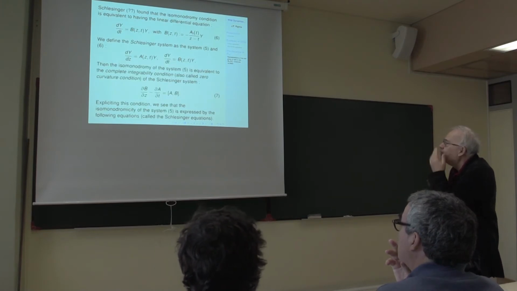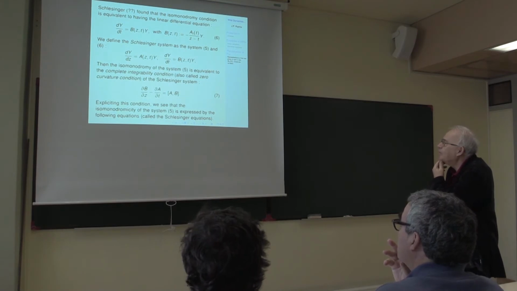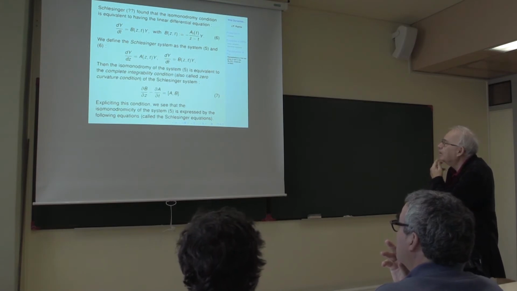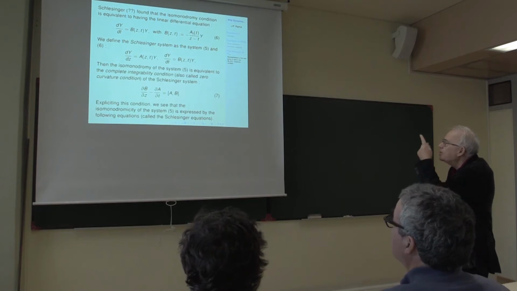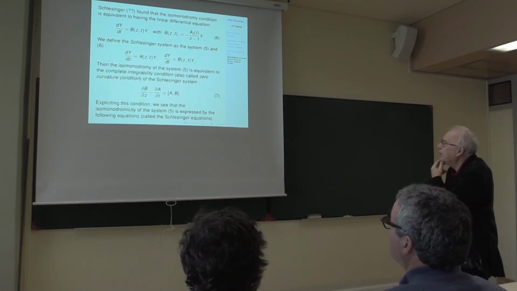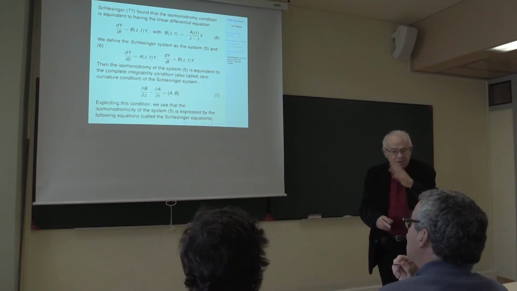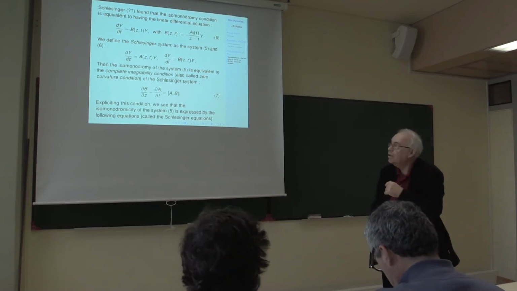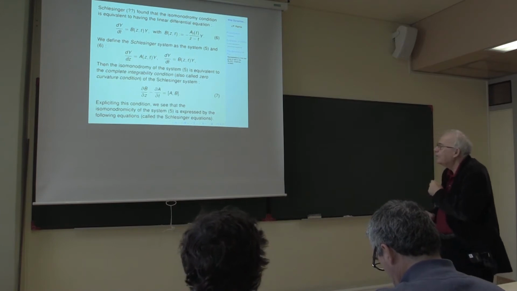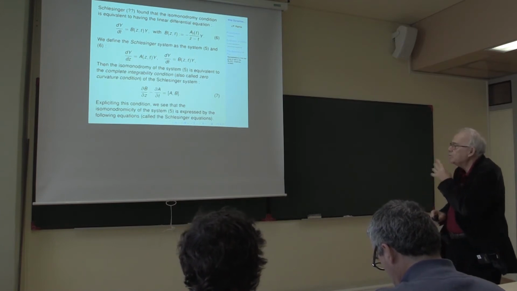And Schlesinger, I don't remember the year, found that the isomonodromy condition is equivalent to having this supplementary linear differential equation. I call the Schlesinger system this coupled system with A and B. And the isomonodromy condition is equivalent to the complete integrability of this system.